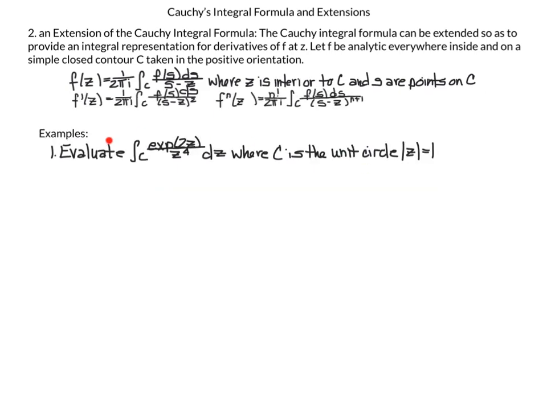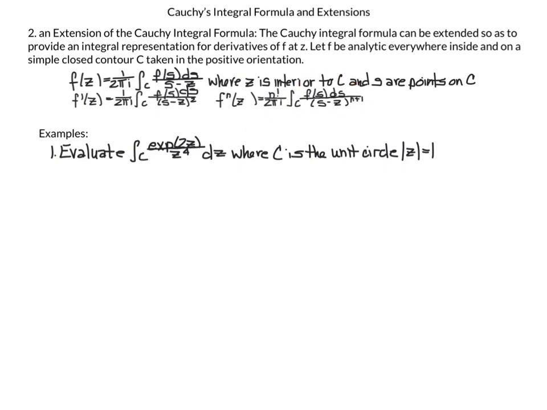Now we can do an example. I have the Cauchy integral formula as well as the derivative extensions here for your reference. And the problem is to evaluate the closed contour integral of e to the 2z divided by z to the 4th dz, where C is the unit circle of radius 1. Now I want to work on putting this closed curve integral into the form that I have in my Cauchy formula.